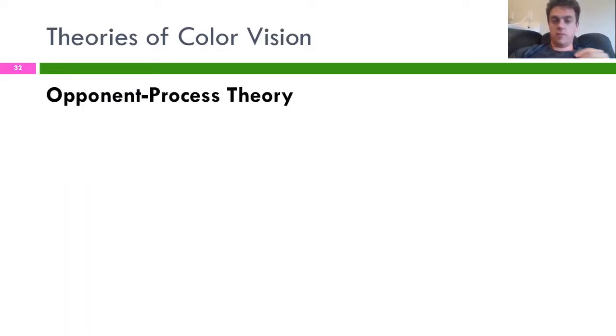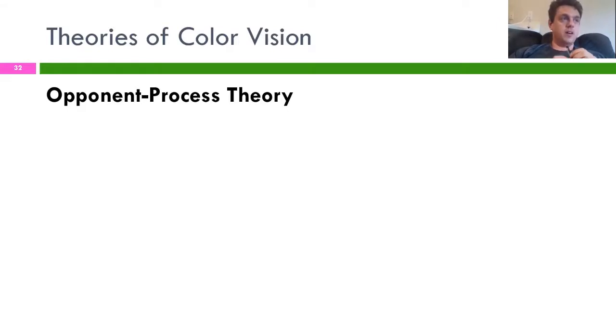However, trichromatic theory can't really account for all findings when it comes to color. There's a couple things it has a tricky time explaining. One finding is that when you look at people who are colorblind to red, so they have no red receptors, they can still see yellow, which doesn't make a ton of sense, right?